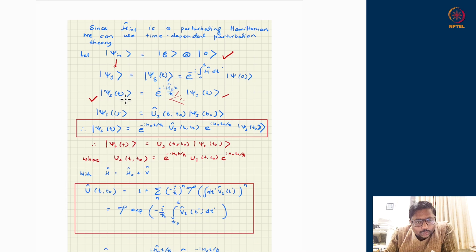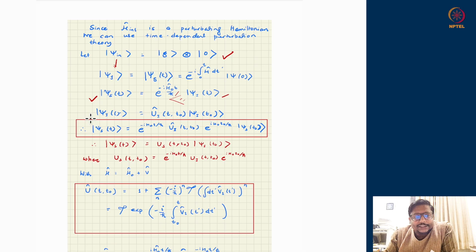So this total Schrodinger time evolved state can be obtained from the free, unperturbed Hamiltonian's action on psi I of t, the interaction time evolved version.